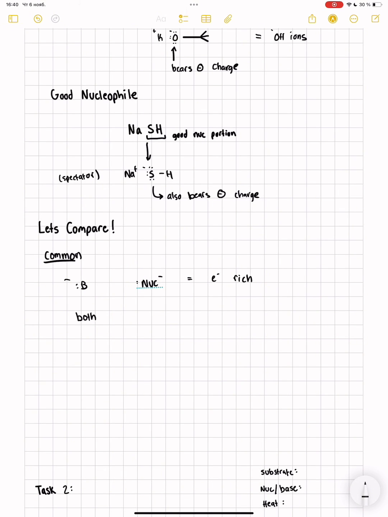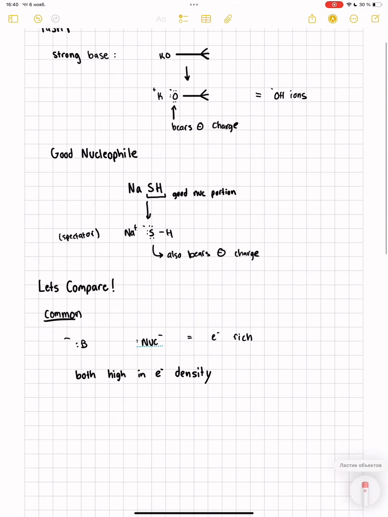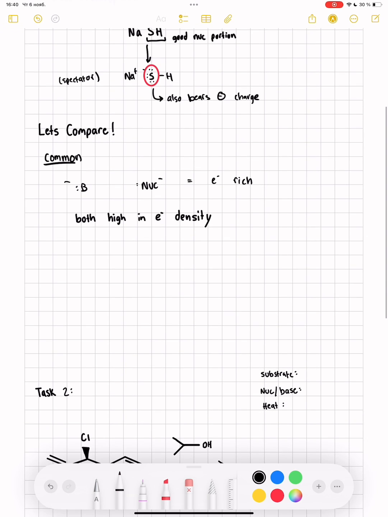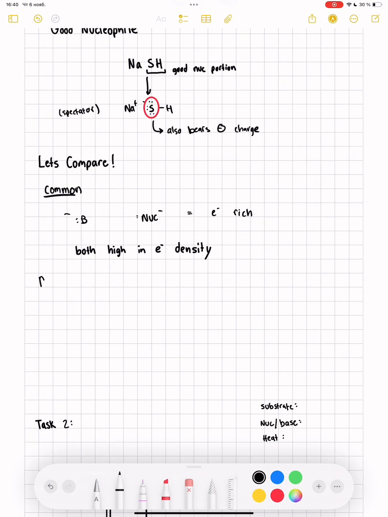They want to. A strong base and a good nucleophile are extremely high in electron density. Here I am just going to show you what I mean by that. As you can see when I draw it, there are those pairs of electrons, lone pairs, very high in electron density. That's exactly what I mean by that.